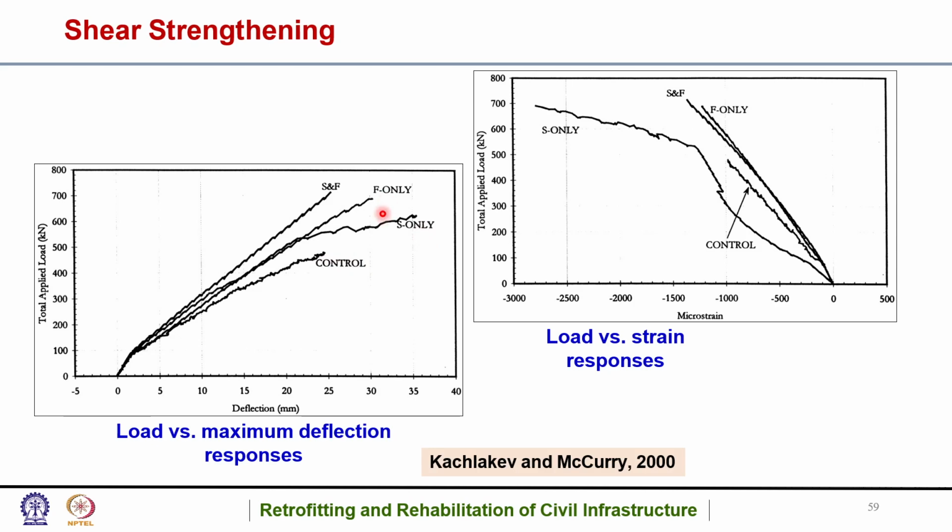The flexure only beam had less deflection than shear only but higher load carrying capacity than the control. The shear and flexure beam had deflection similar to the control beam and a very high moment carrying capacity. This was also found here as well.